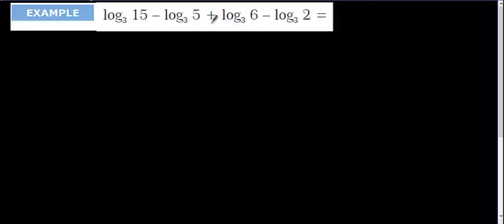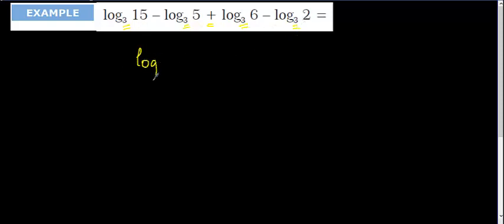So if we have addition, we are going to multiply the terms. If we have subtraction, we are going to divide them. Also important here, the bases must be the same. All the bases here are 3.